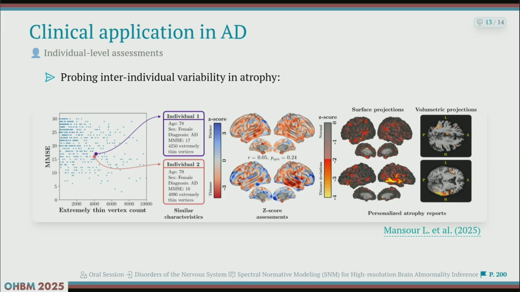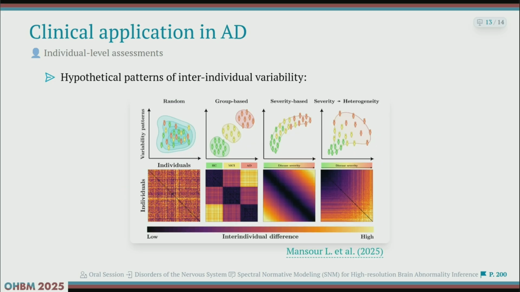So we wanted to see if this heterogeneity that we're seeing in this example is actually an exception or kind of the rule. So we hypothesized a few different possible ways in which individuals could be different. The interindividual variability in the normative assessments could have been random. They could have been group-based, so people who have Alzheimer's just have similar types of atrophy.